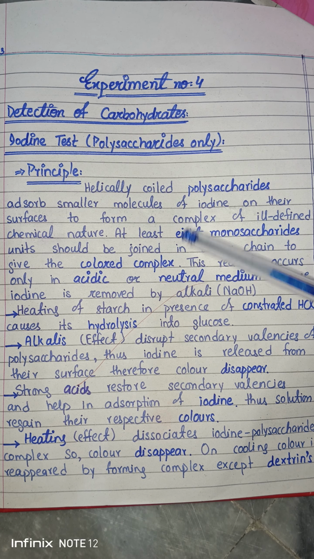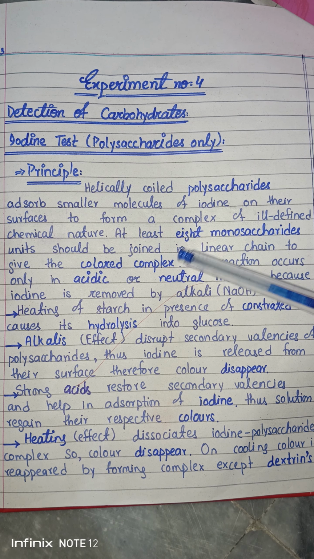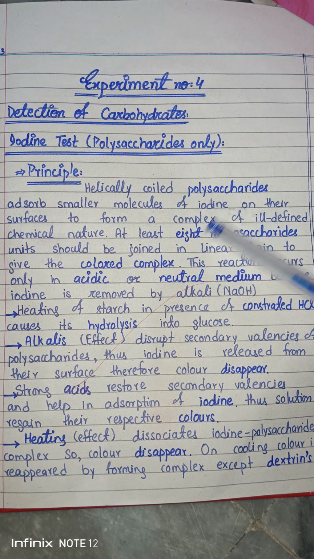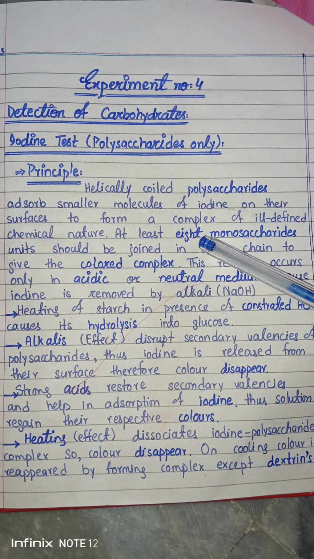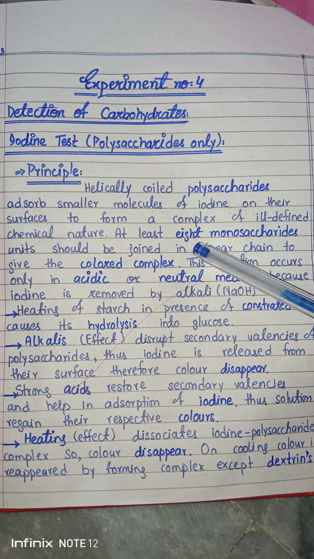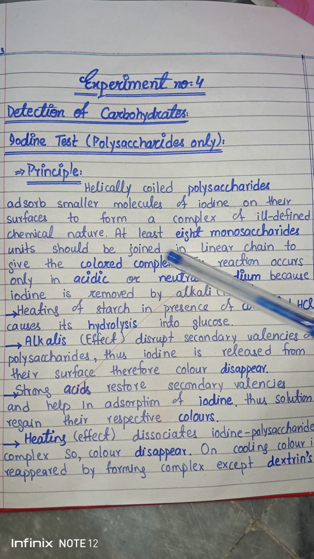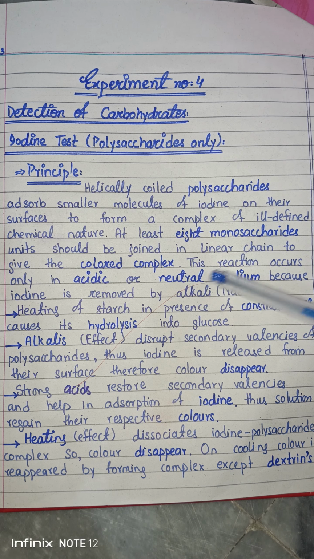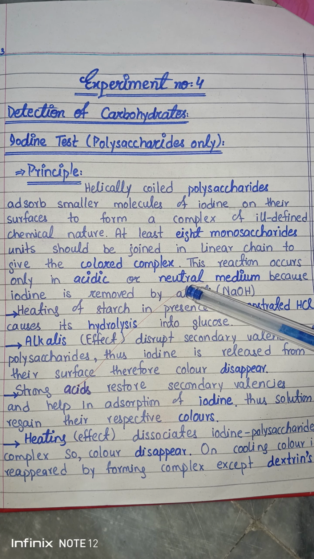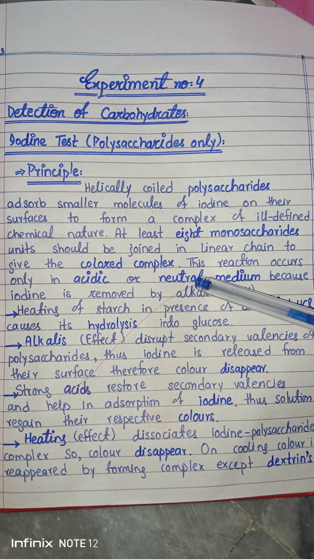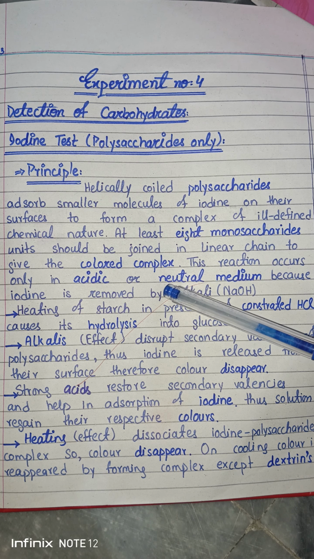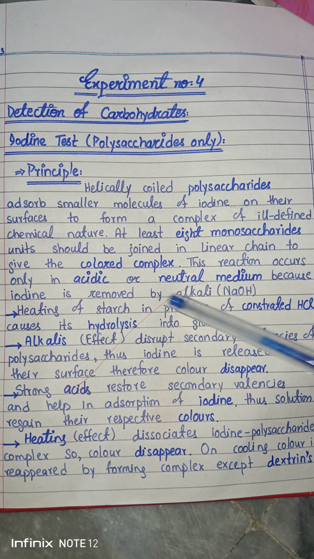This is the condition for this test, that we should have a polysaccharide which has a minimum of eight monosaccharide sugars in it, and maybe more than eight, but a minimum of eight is definite to form this color complex. The reaction only occurs in an acidic or neutral medium. This is the second condition, that we need an acidic condition or neutral medium.